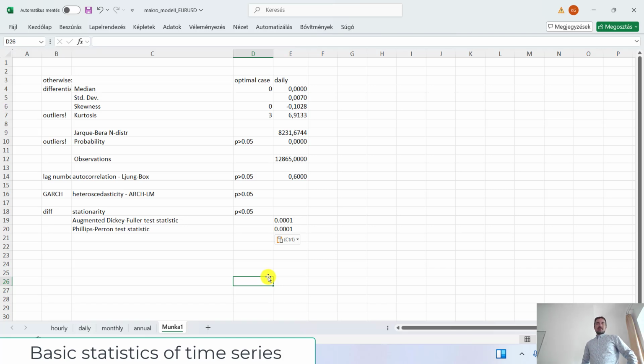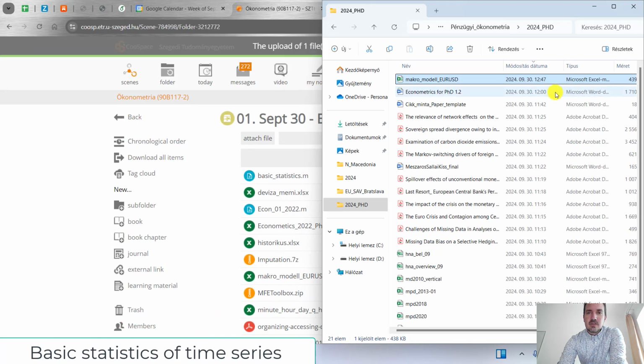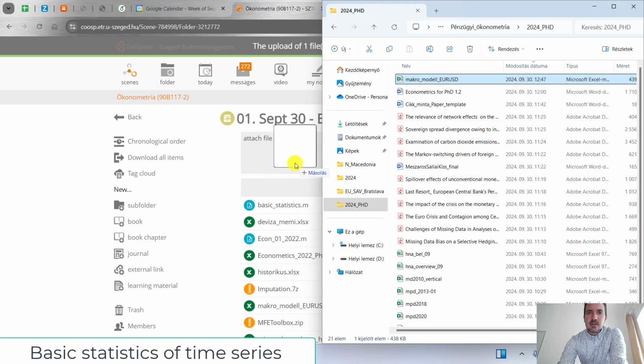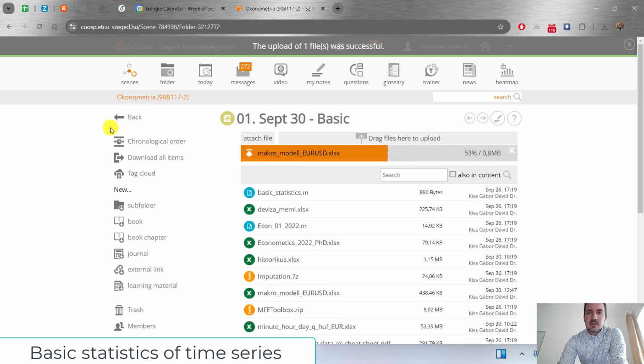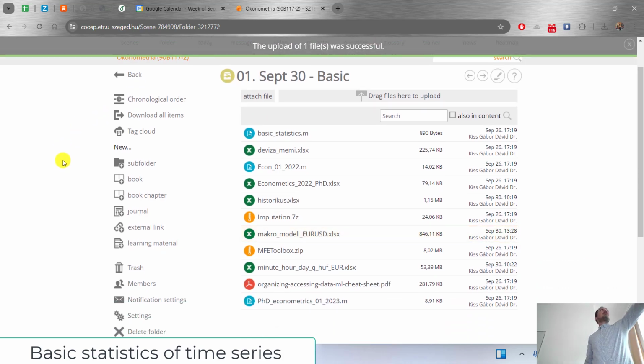Workflow here. Okay, so yeah, that's all for today. And I will upload. So if we would have MATLAB, then we have a whole basic statistics M file which contains all these things.